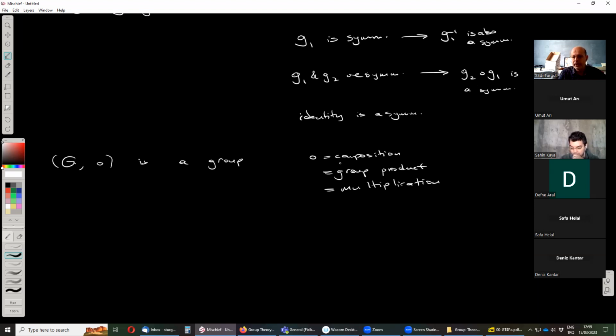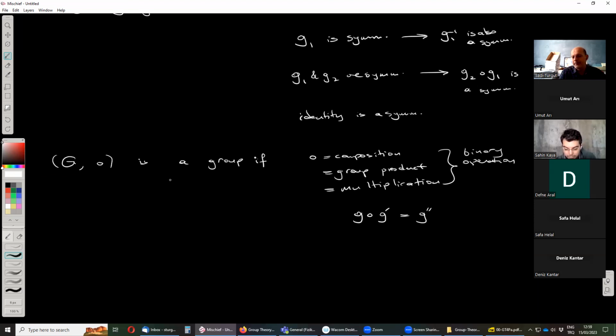G is a group, so this is a binary operation. Binary operation means that if I take two elements within the group, then their operation with this operation is going to give you a third element within the group, right?